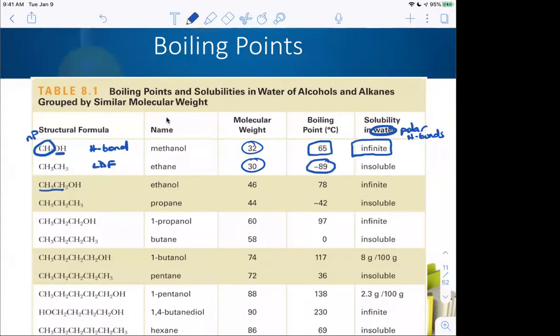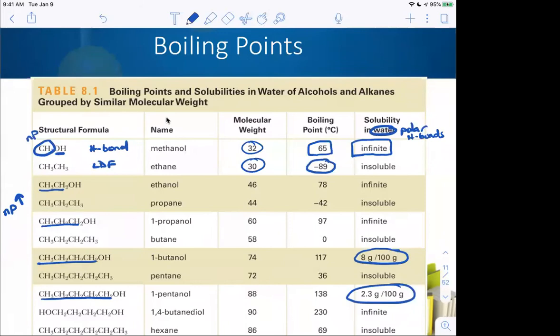Notice as my carbon chain increases, as my non-polar piece increases, my solubility starts to decrease as I get larger and larger. So my alkyl piece is non-polar. As the size of the non-polar portion increases, that non-polar portion is not going to form intermolecular attractions with polar water.